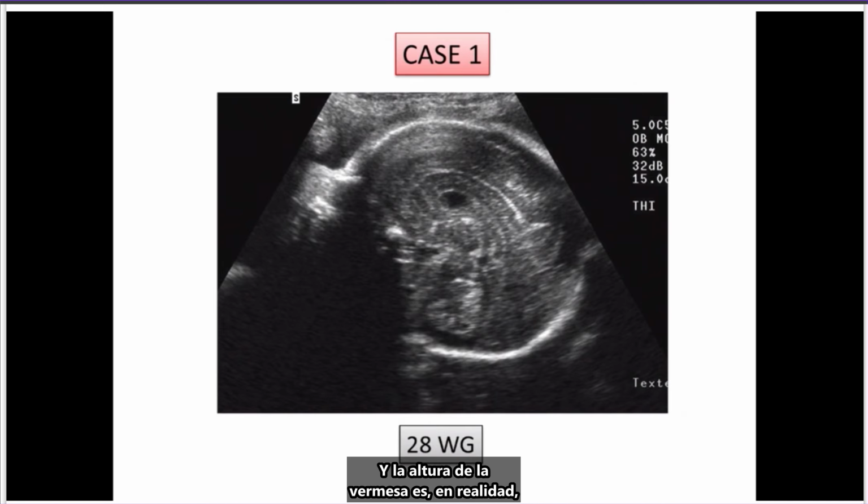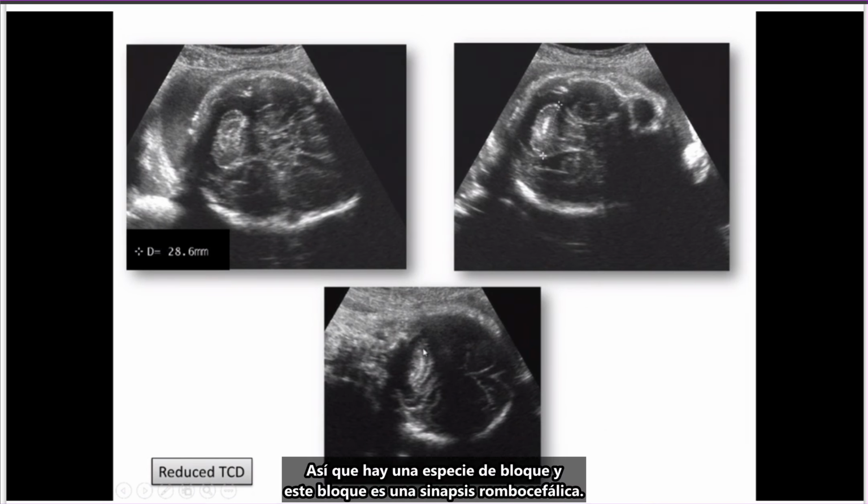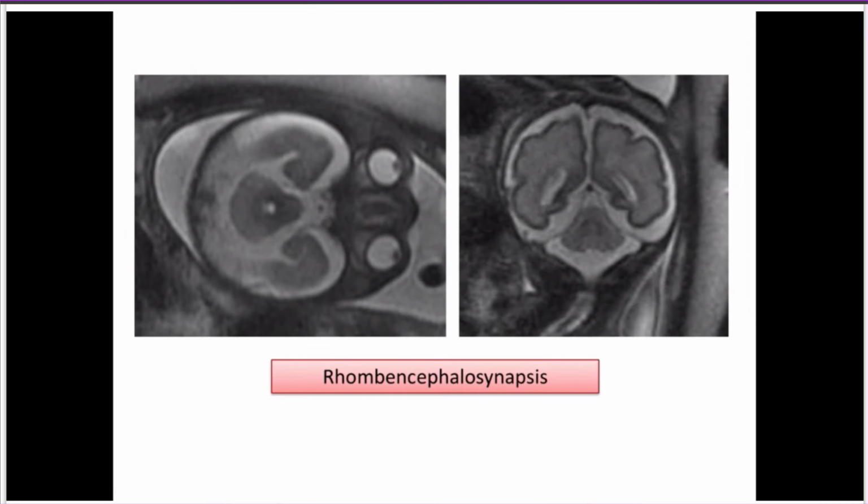And the height of the vermis is, in fact, not increased compared to a normal one. If you look carefully, in fact, on the axial view, but I think it's better visualized on this coronal view, you see that the foliation comes from one side to the other. It's like a stripe on a shirt, and there is no vermis in the middle. So there is a sort of block, and this block is a rhombencephalosynapsis.